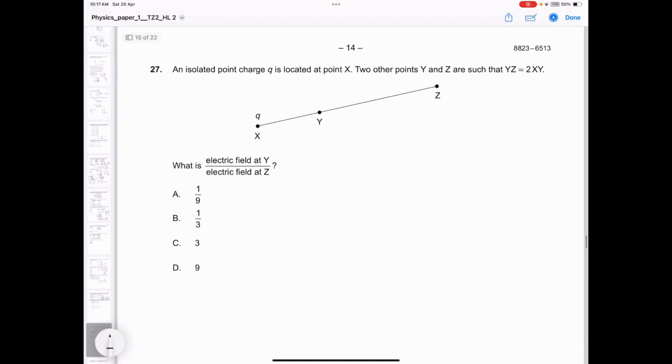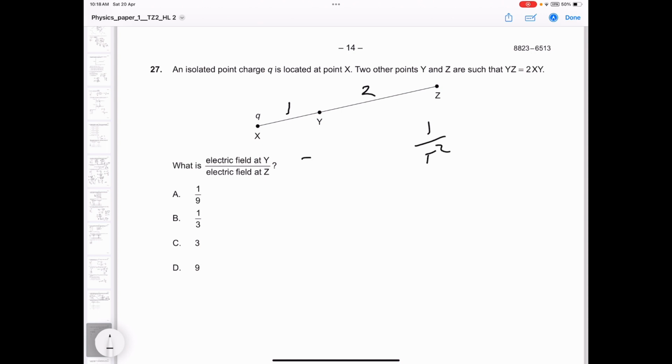Number 27, you have an isolated point charge Q located at point X, and you're given YZ is equal to 2XY. So this is 1, then this must be 2. So electric field at Y, well, we know that the field strength is 1 over R squared.